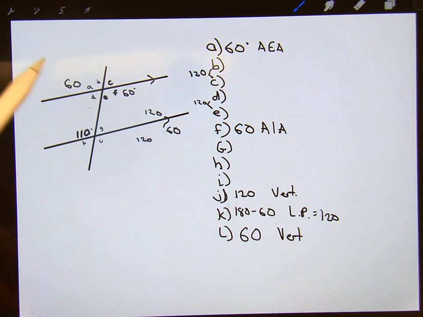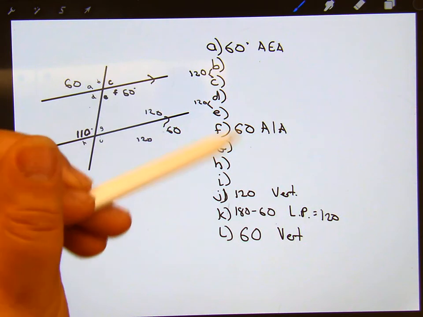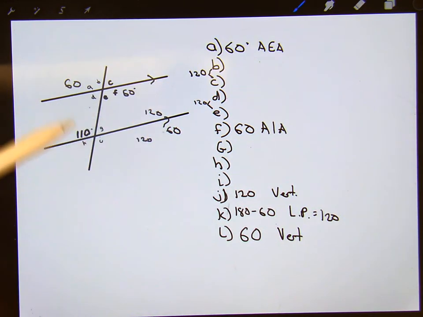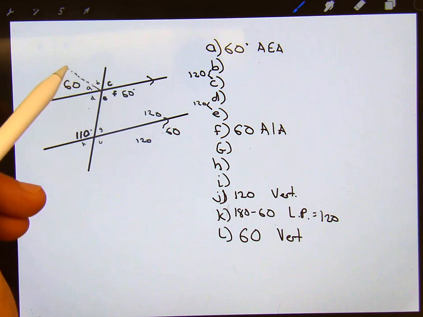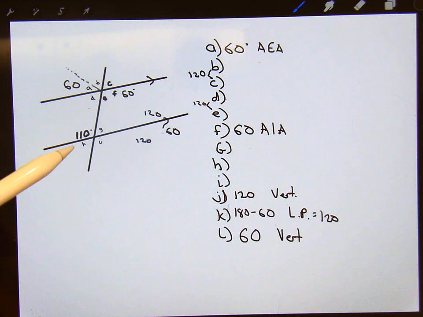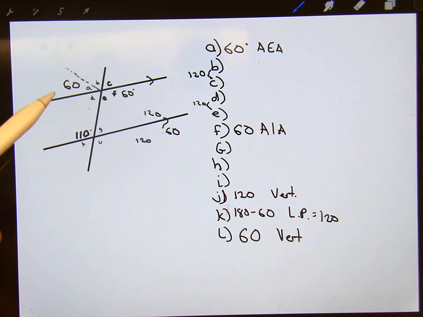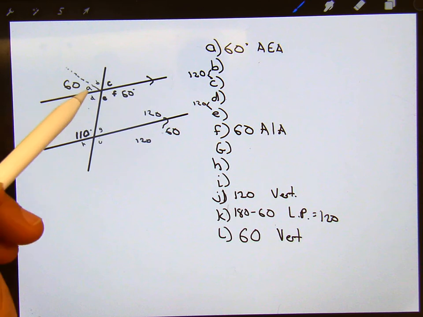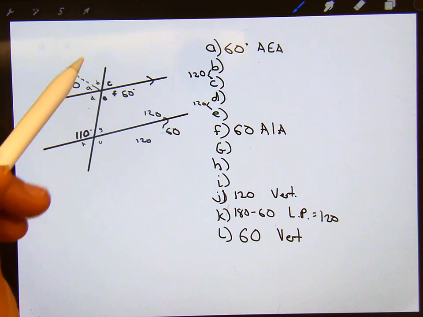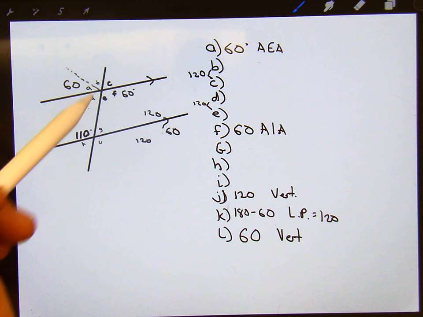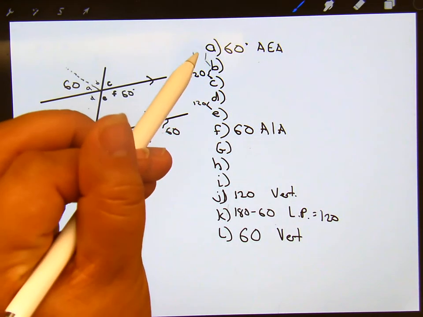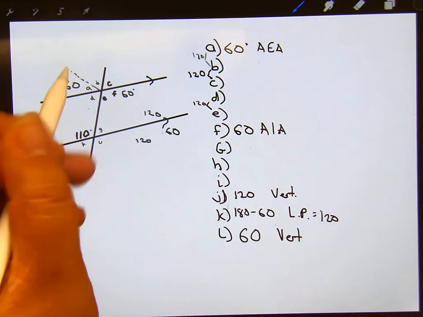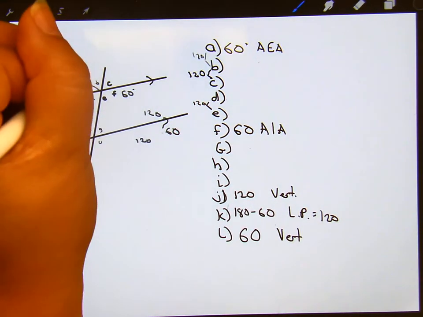So we have all of these here, and we know this much here. We know at least that angle A is 60 degrees. Okay, cool. Well, if angle A is 60, we know A and B have to add up to 110, then B has to be 50.